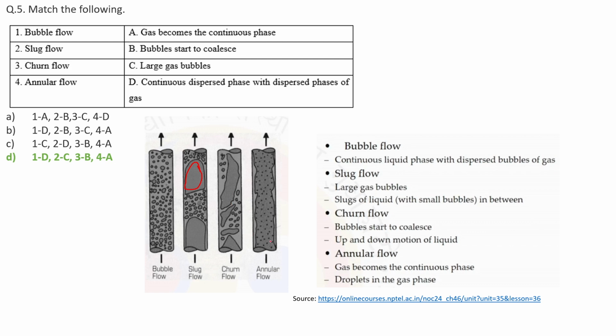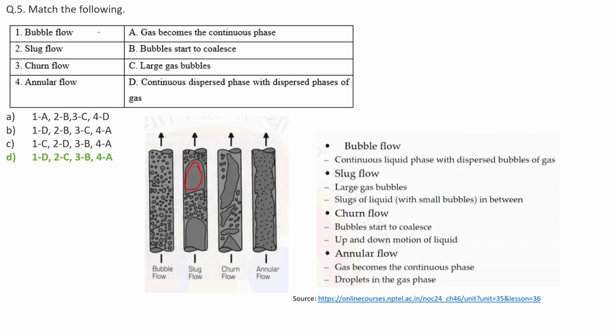In annular flow all the large gas bubbles come together and join, so that the whole flow has gas and there are only droplets of liquid inside that gas flow. From these definitions, we now have to match the following.